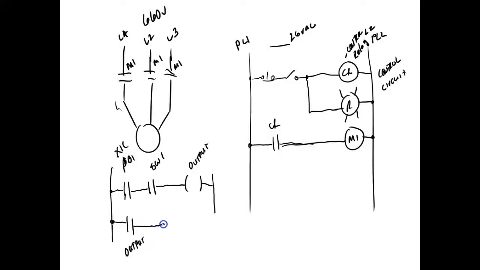Well, we wouldn't even need that. Let's go ahead and do it this way. We could really strip this down and make it a lot smaller. And this would be like output 2.